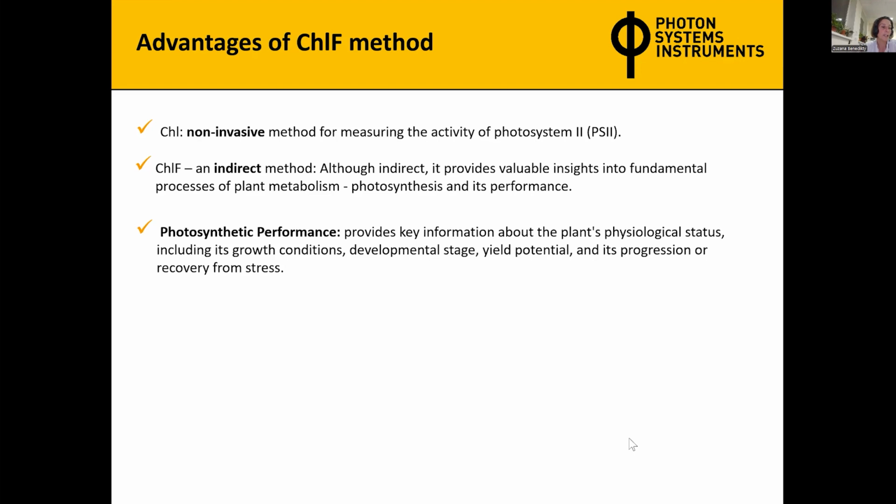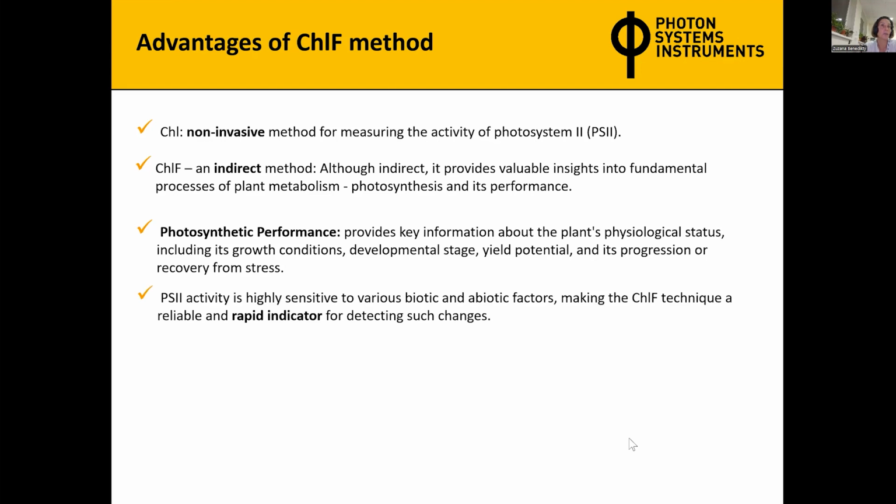So if you are working with plants and studying stress responses or reactions to some chemicals, of course you can see it later by eye that your plants are getting yellow or do not have good turgor. But if you are able to monitor photosynthesis, you have valuable information that is very rapid. And this is the information provided by chlorophyll fluorescence.